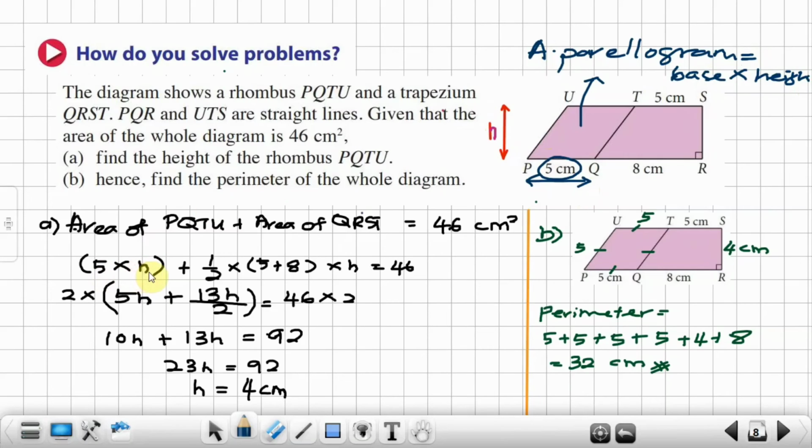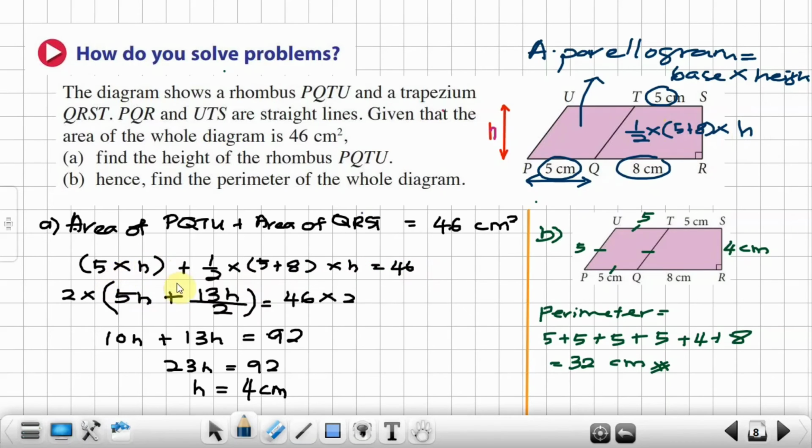So 5h plus the area of trapezium. For the trapezium, the formula is half times the sum of two parallel sides, 5 plus 8, times the height h, unknown. So it is equal to 46.